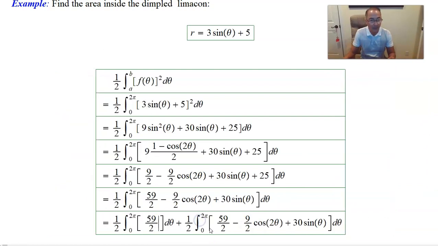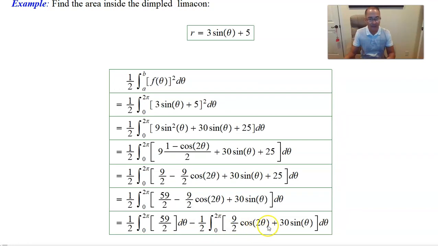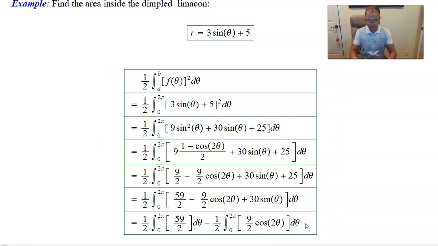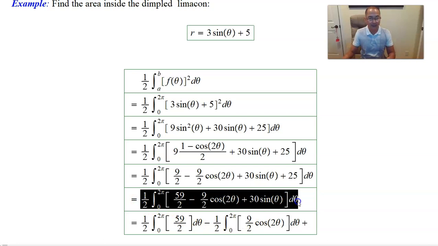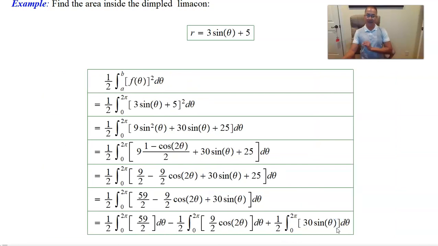So this is 1 part, and then the second part is the minus 9 halves. So let me put the minus over here, and you'll have only that part. And the last part is the 30 sine theta. So let me make 1 more copy, and we only need the 30 sine theta part. Okay? See what I did there?